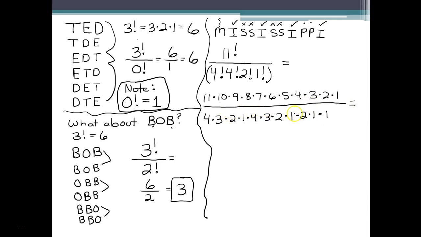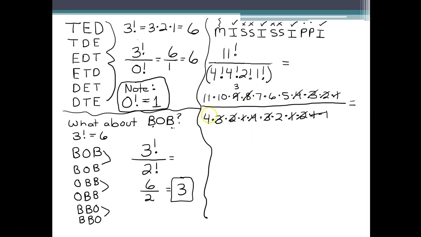Stuff cancels out. I don't need to worry about all these ones. Honestly, you multiply by 1, it's not going to change anything. I have a 3 here and a 3 there that's going to reduce down to 1. I have a 2 here and a 2 here. Oh, let's see. 3 and 9 reduce to 1 and 3 right there. 2 times 4 is 8. That'll reduce with this 8.